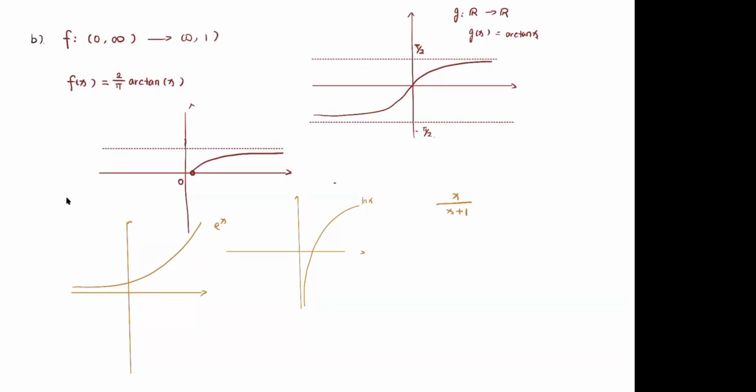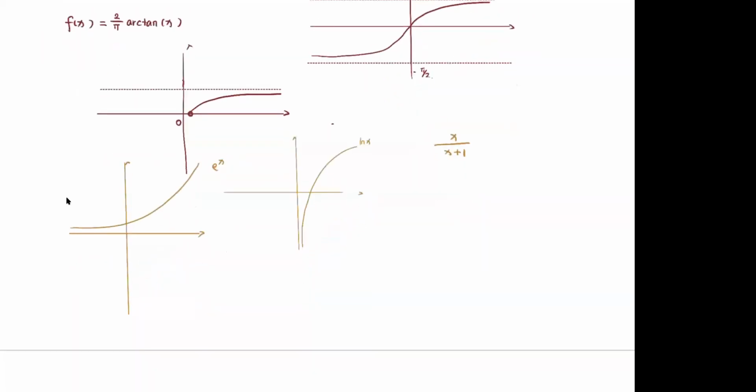Okay. x over x plus 1 includes all of 0 to 1. I think it includes all of 0 to 1. Another one, because the graph looks like this, it's a continuous function. The original graph should be something like this, and you only want the 0 to infinity part, so it's only this part.